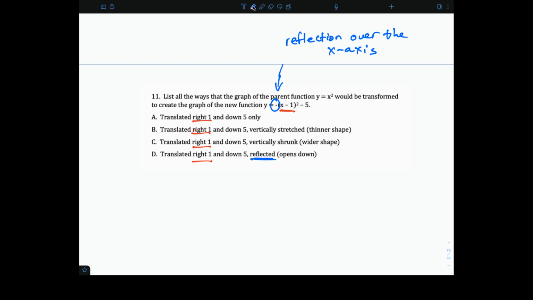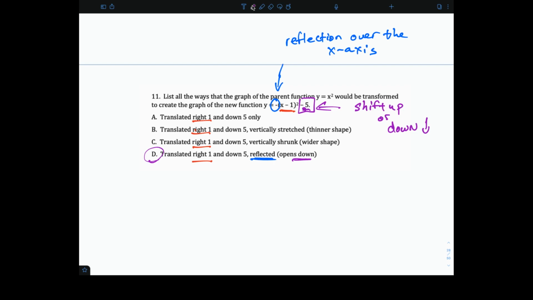And then with the term on the outside, this minus 5 on the outside, that shifts it up or down. And this is by your intuition. So minus 5 means it's shifting it down. Okay, so this one's going to be down, which matches with that. So the answer is D. That is also the only one that is true.